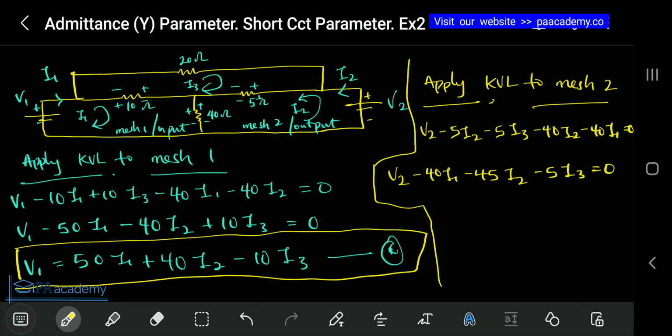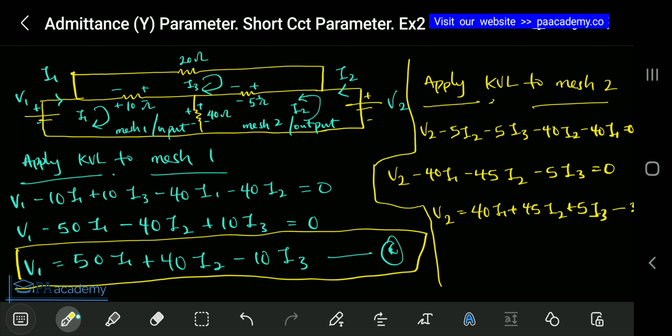Okay, so now let me move every other thing to the other side of the equals to side apart from V2. So that means V2 will be equals to 40i1 plus 45i2, then plus 5i3. Okay, so this will be our equation 3.